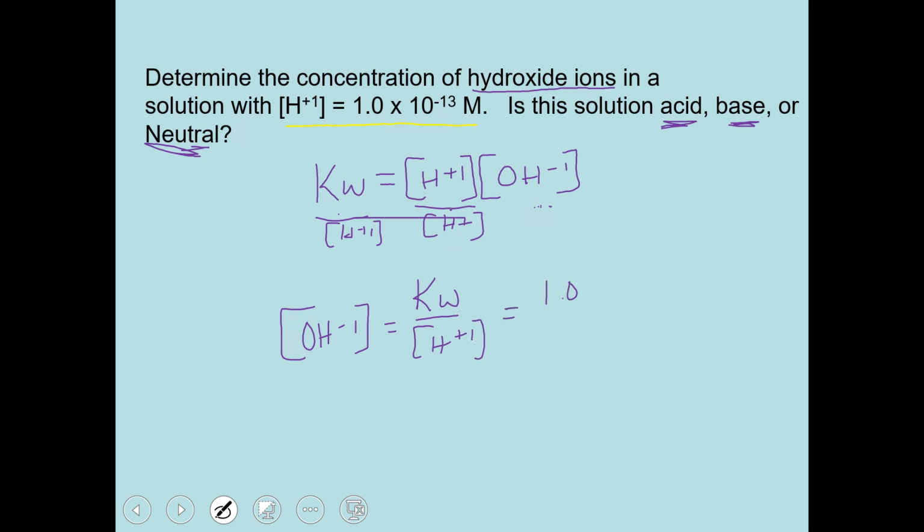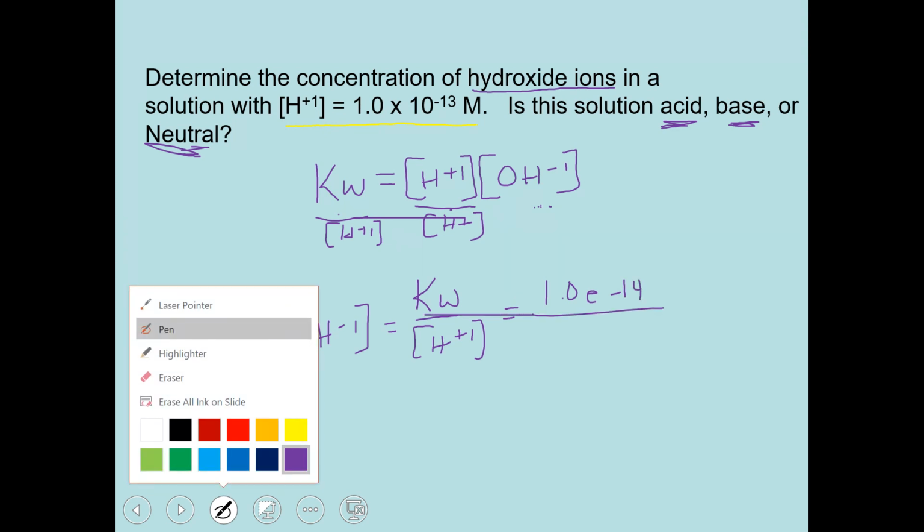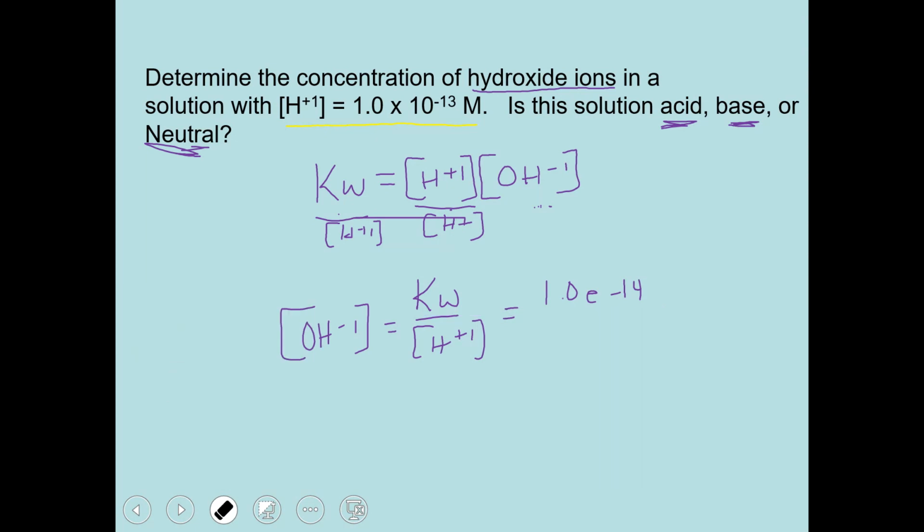Now the KW is 1.0 times 10 to the negative 14. And the hydrogen ion concentration was given in the problem. It's 1.0 times 10 to the negative 13.